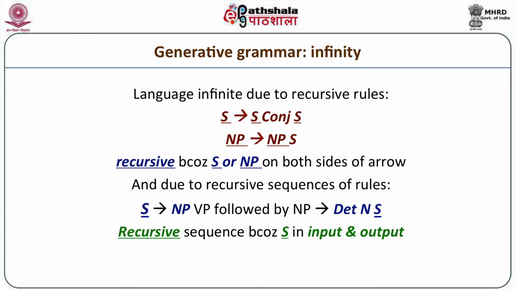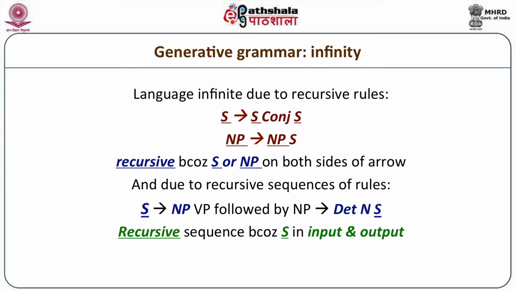The number of sentences in a language is infinite. Since the number of sentences in a language is infinite, the task of a transformational generative grammar is to generate that infinite set and to do so efficiently and optimally. Exactly what makes the number of sentences infinite? The answer to that question lies in recursion.